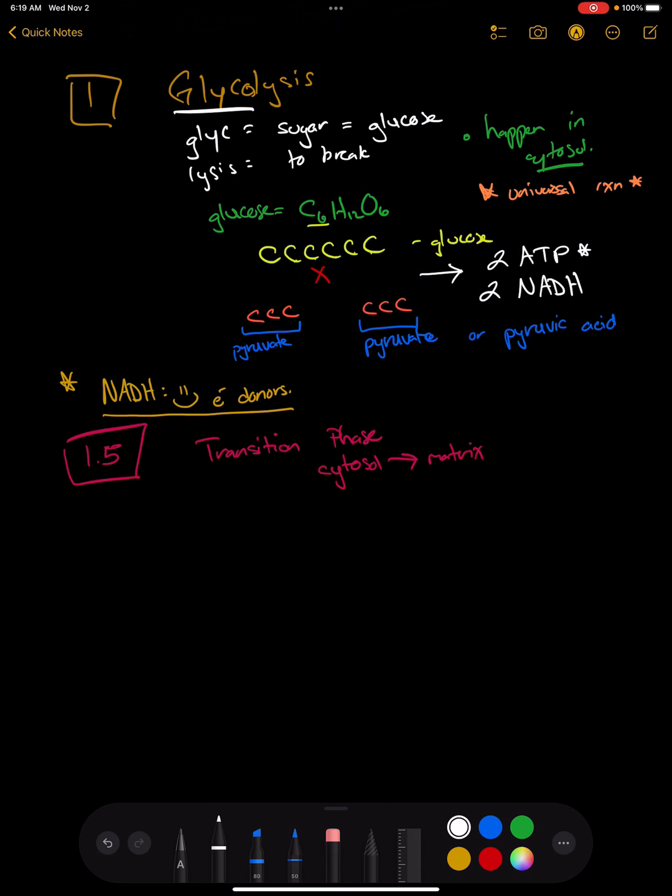Now remember, if this is my mitochondria, and here are the squiggles, the matrix is this inside part. So not the cristae, but the part inside the cristae. So in this transition phase, I'm taking these pyruvates and shoving them all the way into the matrix.